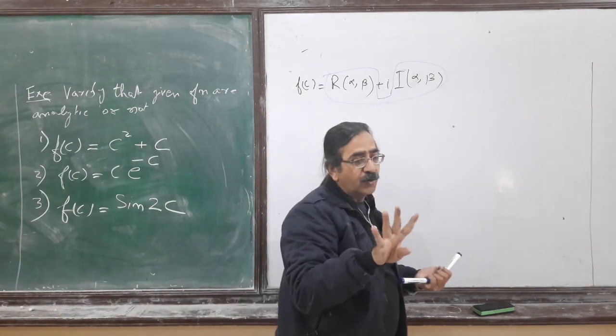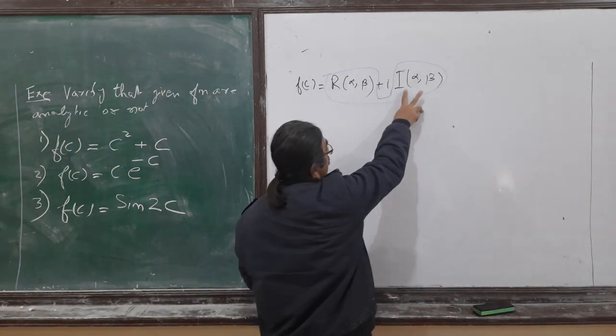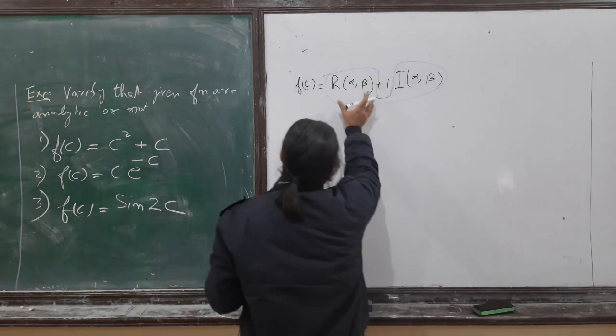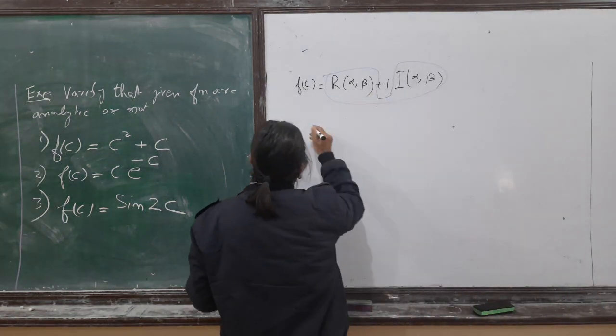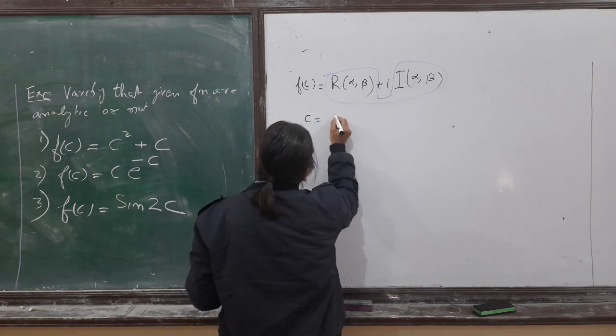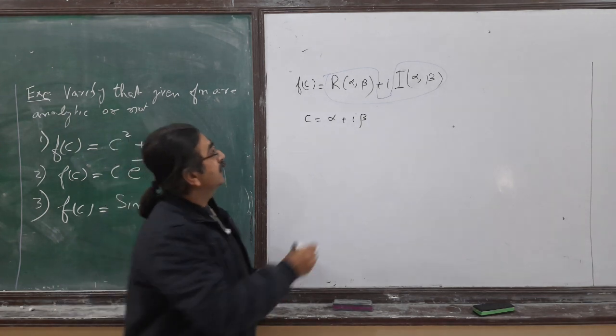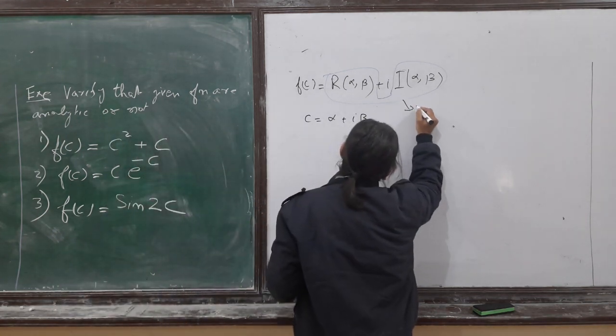And they are four-dimensional, because two dimensions of this and two dimensions of that, where c is alpha plus iota beta, and this is also real.